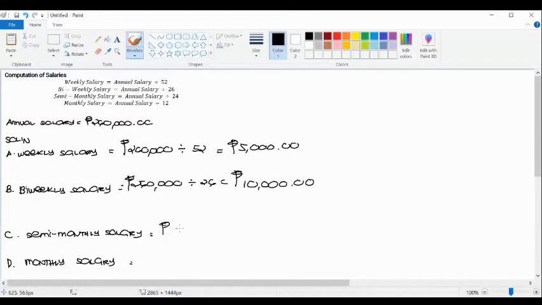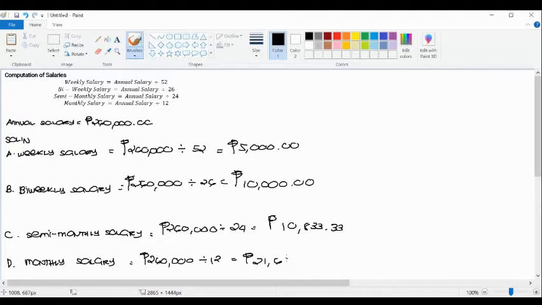For the semi-monthly, let's divide it by 24. It will give us an answer of 10,833.33. We'll have two decimal places here since it's money. And lastly, for the monthly salary, we're going to divide it by 12. It will give us an answer of 21,666.67. So that's how you compute salaries based on weekly, bi-weekly, semi-monthly, and monthly.